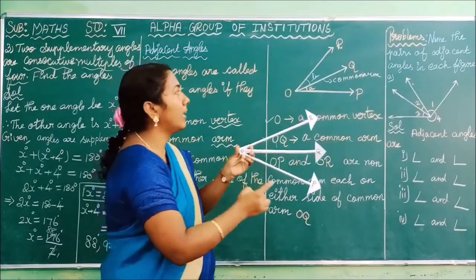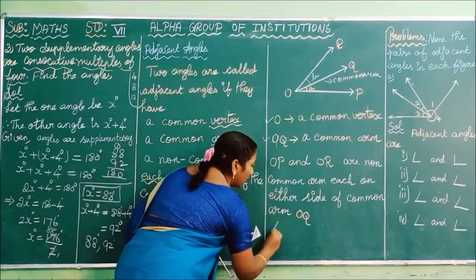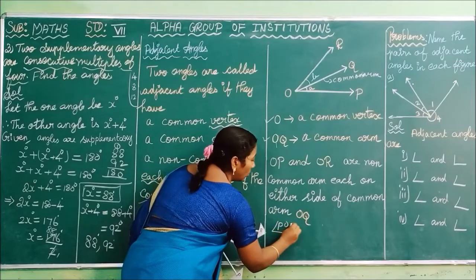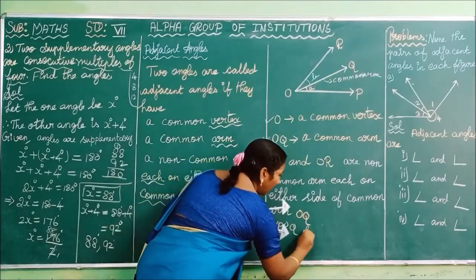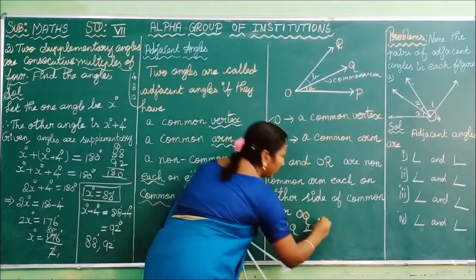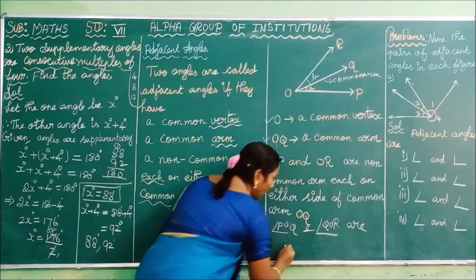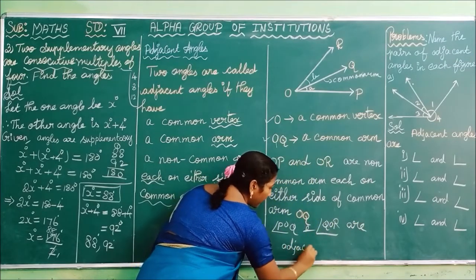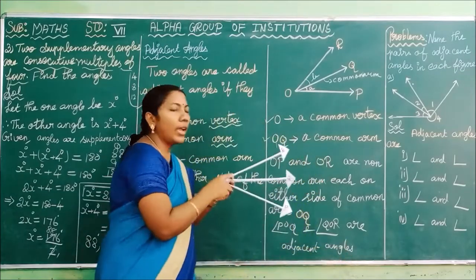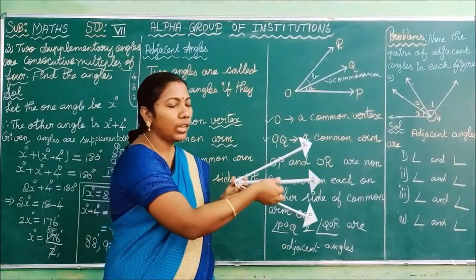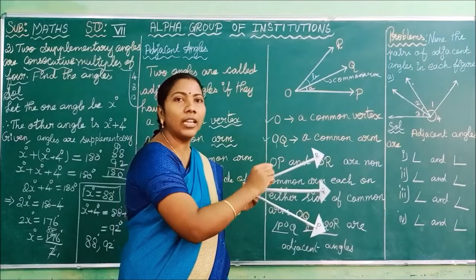We are naming the angles as A and B. So we have to write here angle P O Q and angle Q O R are adjacent angles. Do you understand, children? So two angles are said to be adjacent angles if they have a common arm and non-common arms, each on either side of the common arm.